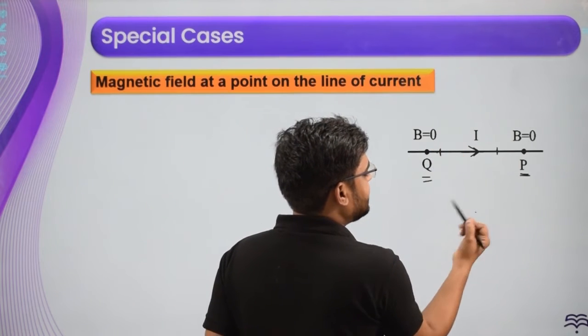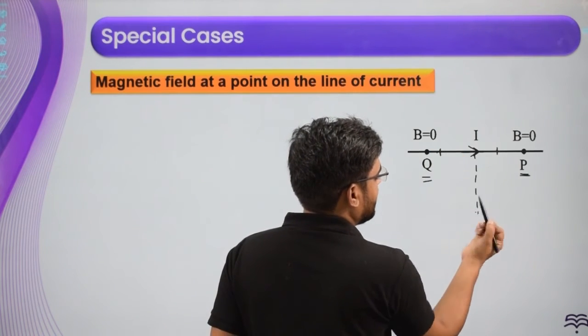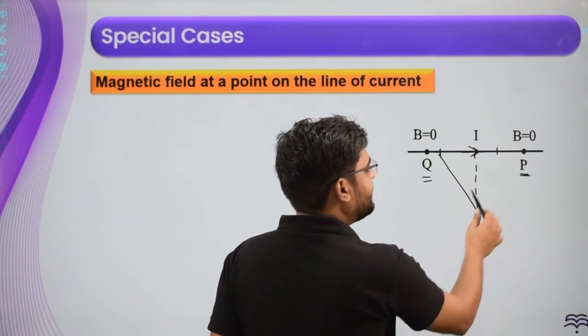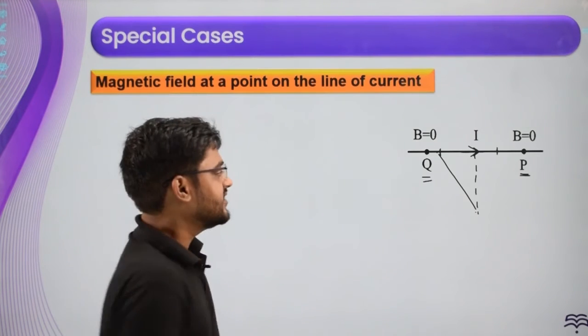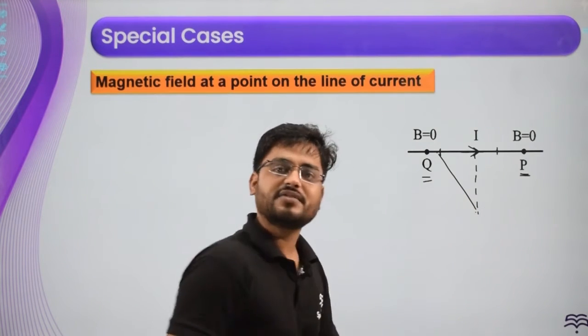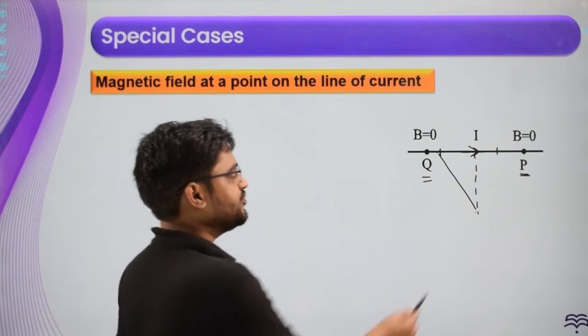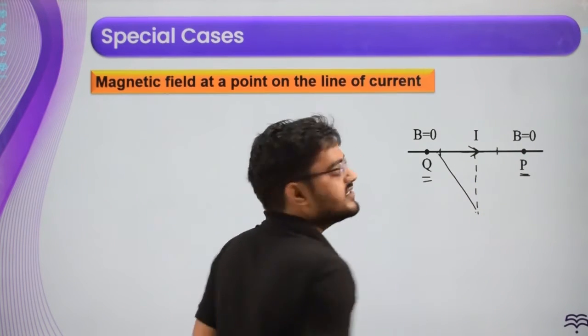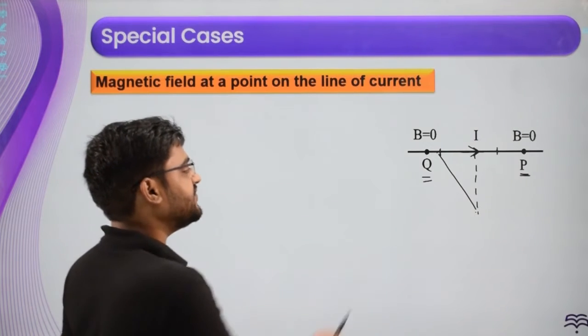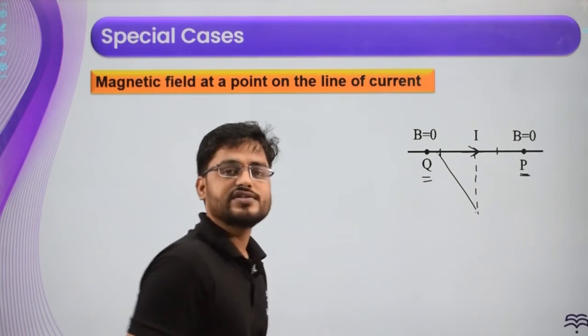If the point was here, then this was the angle. But if this point is here, the angle is almost either 0 or 180 degree, right? If we take the point over here, then also it is going to be 0.